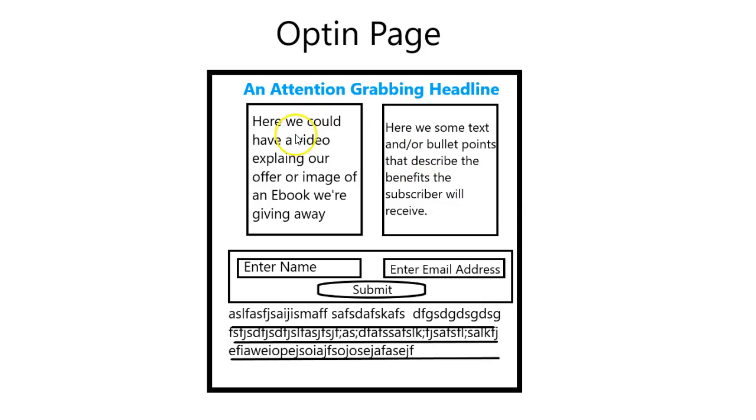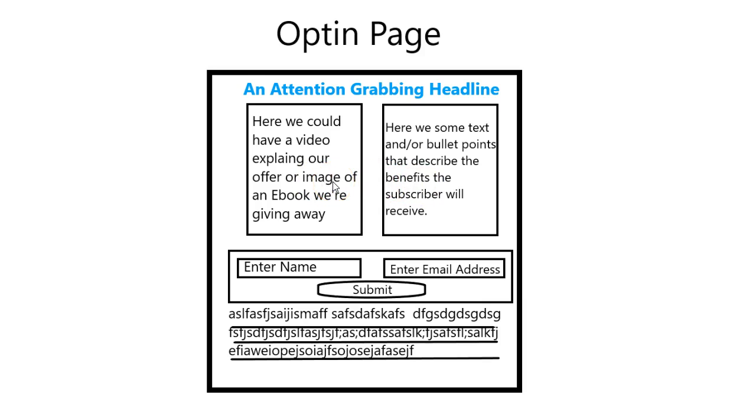So next, below the headline, you may put a short video explaining what the subscriber will receive, and it could be on either side, it doesn't have to be on any particular side.